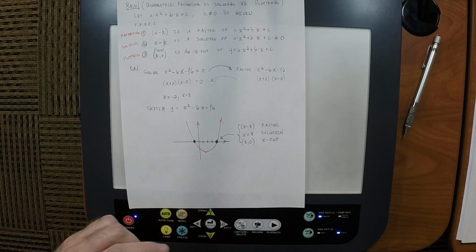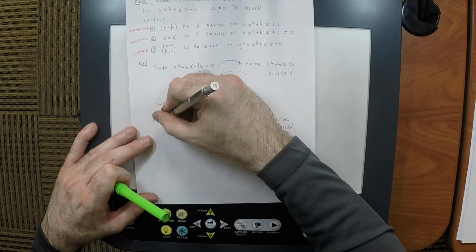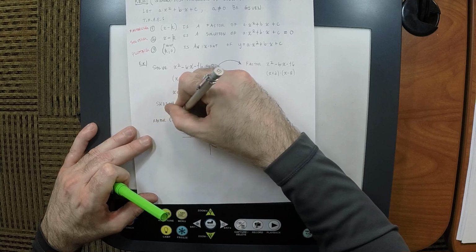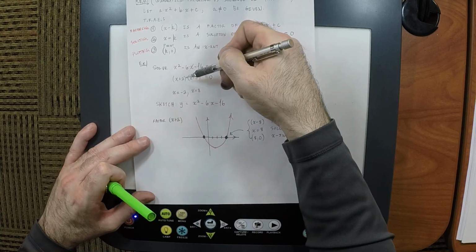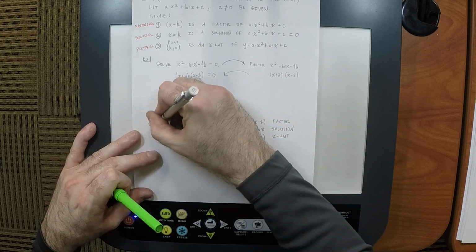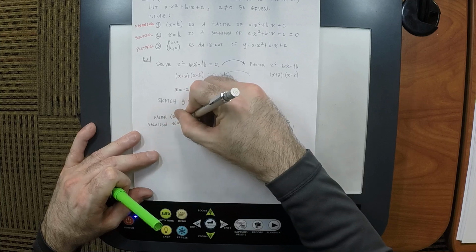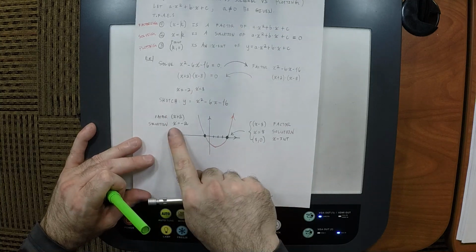And on the other side, x plus 2 is a factor. x equal negative 2 is a solution.